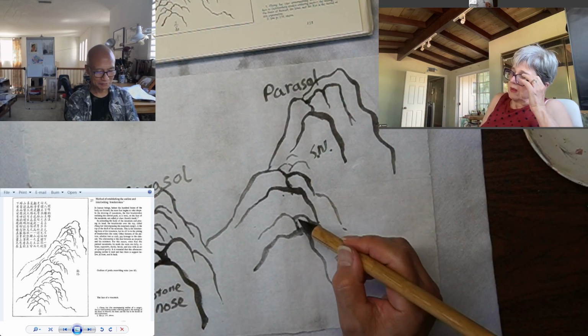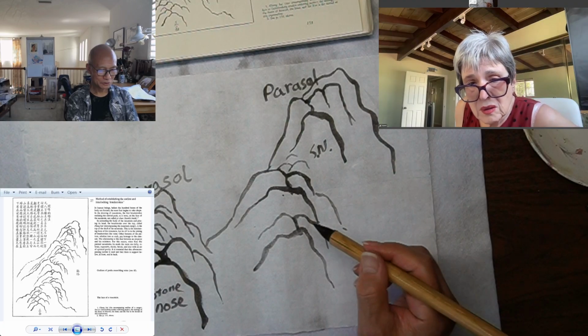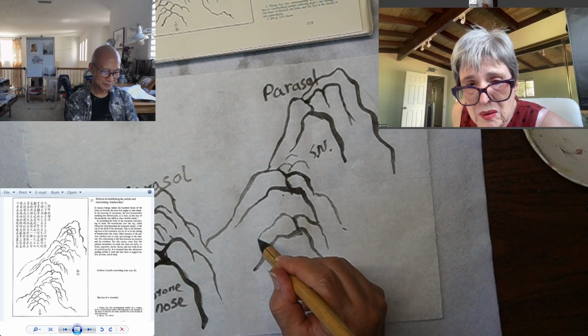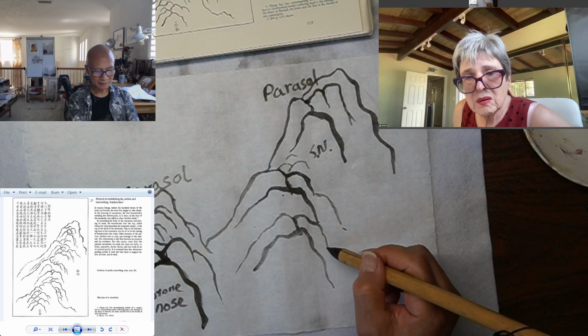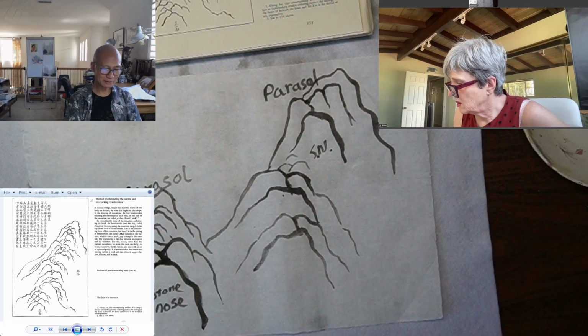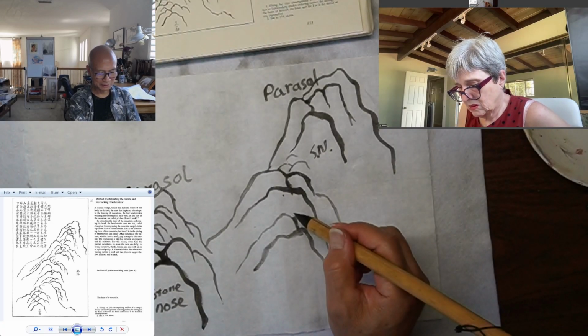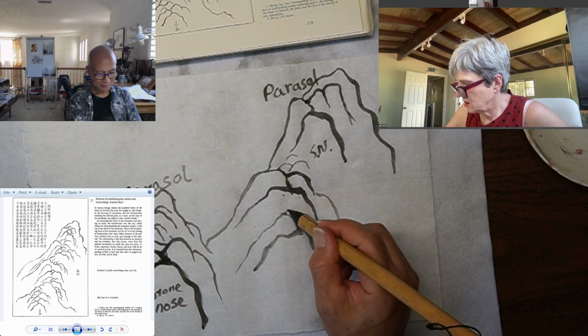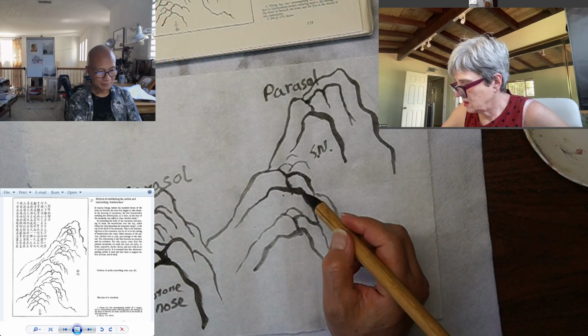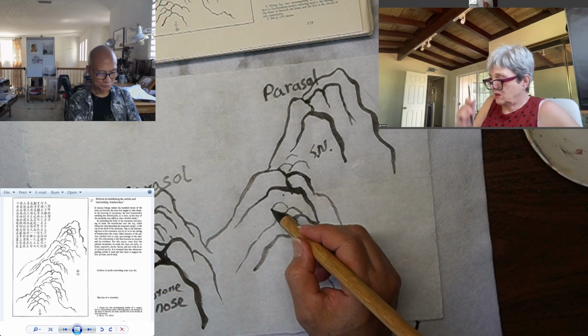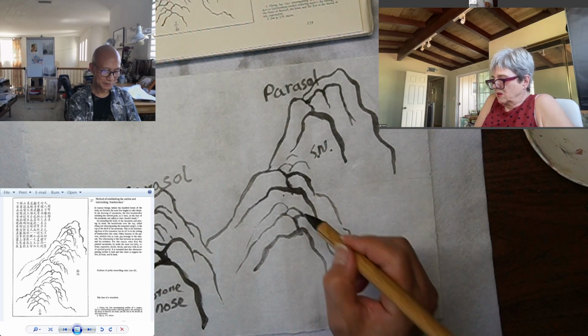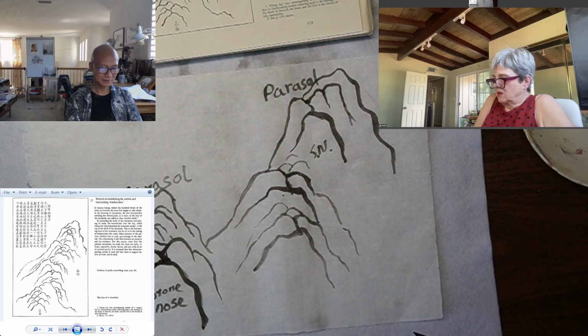And then on top of that, you divide into left and right slopes, right? That's how the mountain range forms, right? Okay.